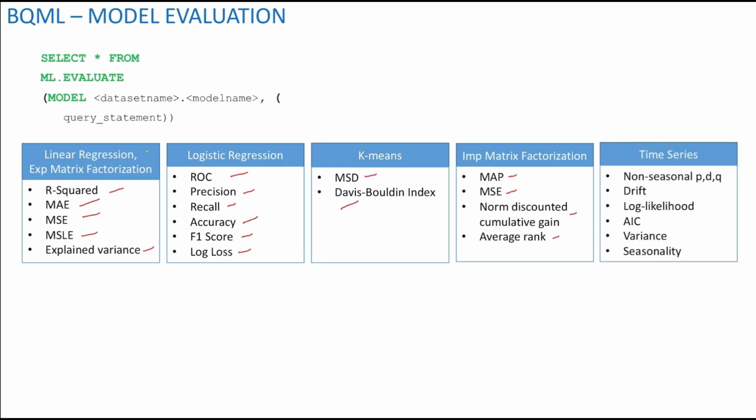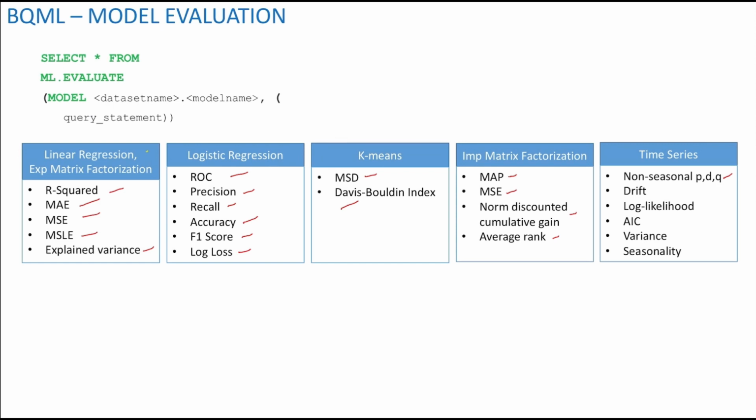And finally, the final class of models, which is the time series models. Again, to recap, time series modeling within BigQuery machine learning primarily leverages the ARIMA methodology, and the outputs that you get as part of the model evaluation statement are the non-seasonal P, D, and Q parameters.